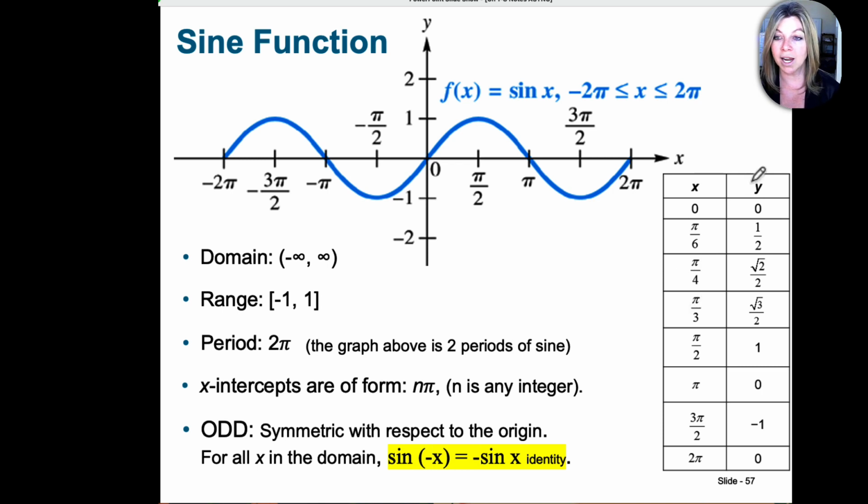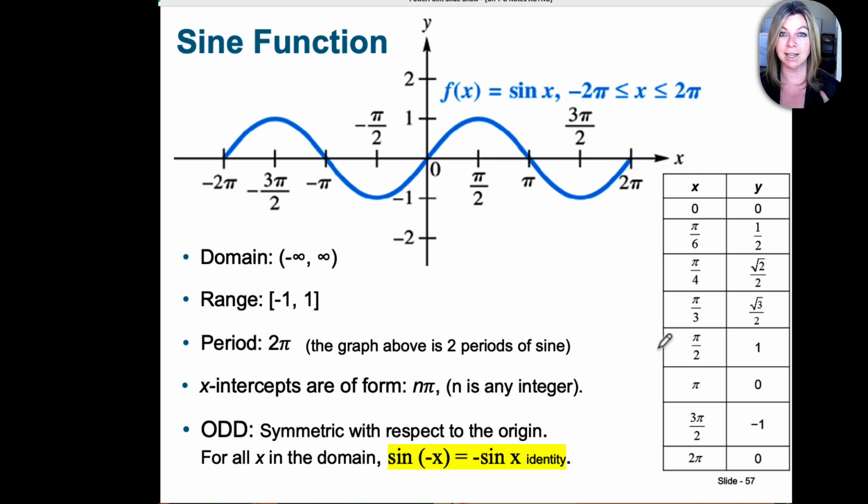The y-coordinate is the same, whether we were talking about theta and angles, or if we're talking about radians here. The y values are 1/2 at pi over 6 radians, radical 2 over 2 at pi over 4 radians, radical 3 over 2 at pi over 3 radians. All right, let's move to our first quadrantal angle.